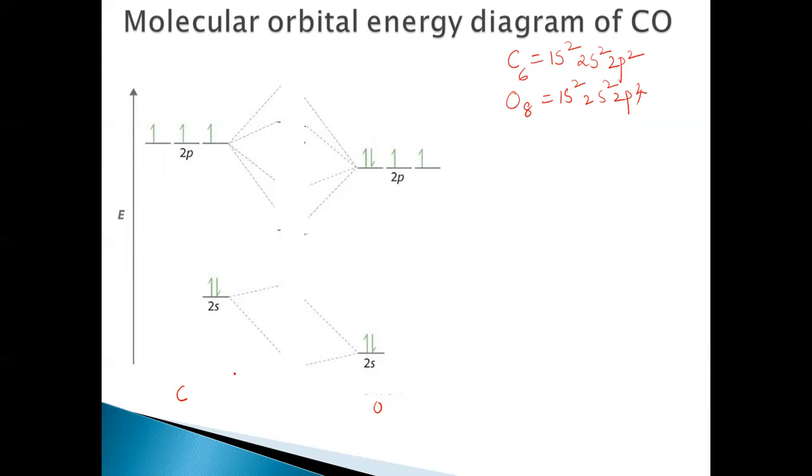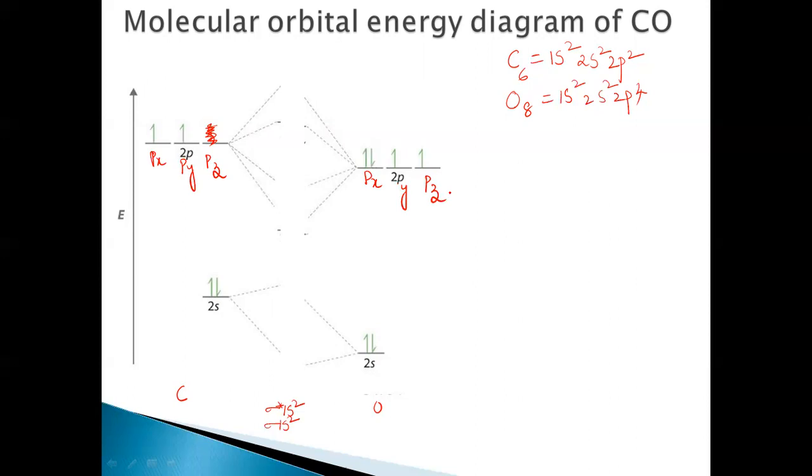The 1s are not shown here, where 1s results in the formation of sigma 1s2 and sigma star 1s2. For carbon it is 2s2, 2p2, and for oxygen it is 1s2, 2s2 and 2p4. So when I name this px, this will be py and this is pz. Again, this will be px, this is py and pz.